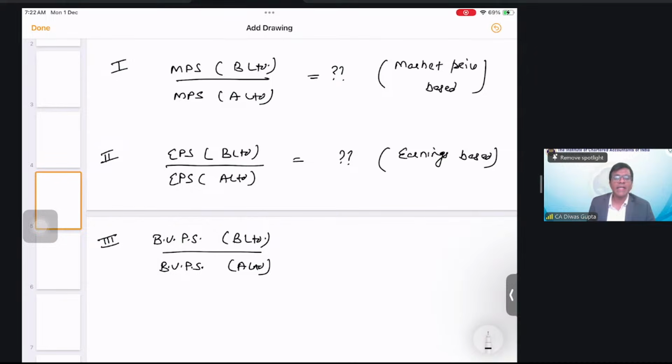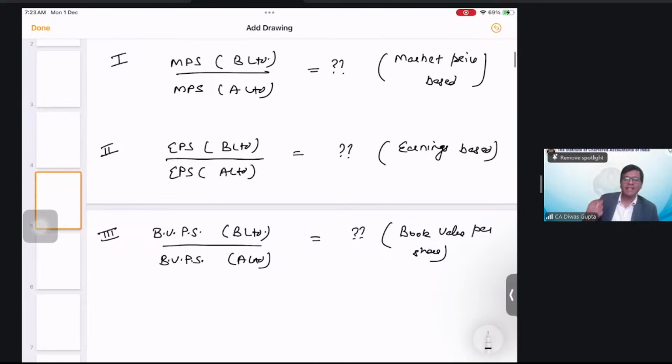Again, the same logic that the target company's book value per share in the numerator, denominator. So this is called the book value per share based. Okay. Clear? So this is the book value per share method.